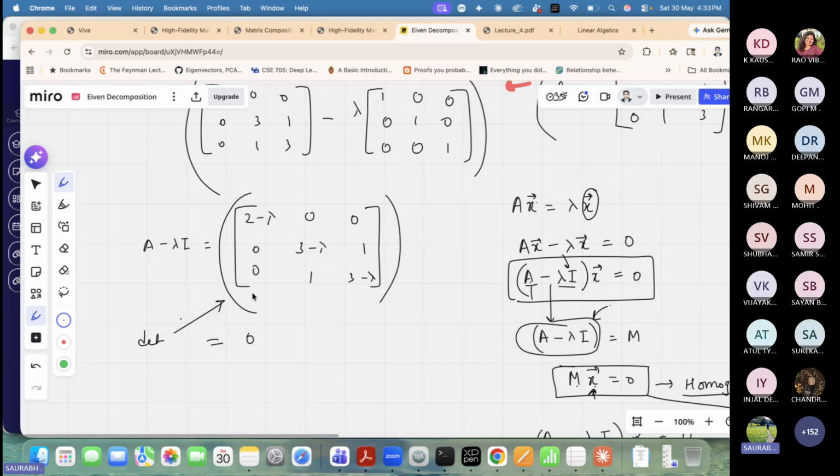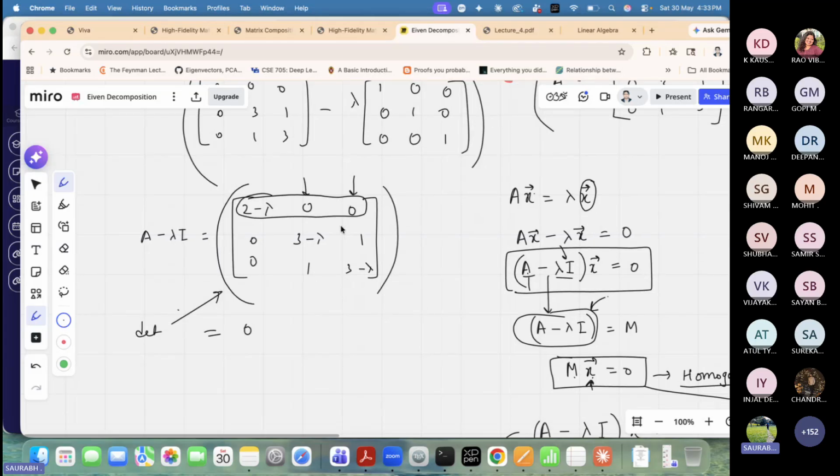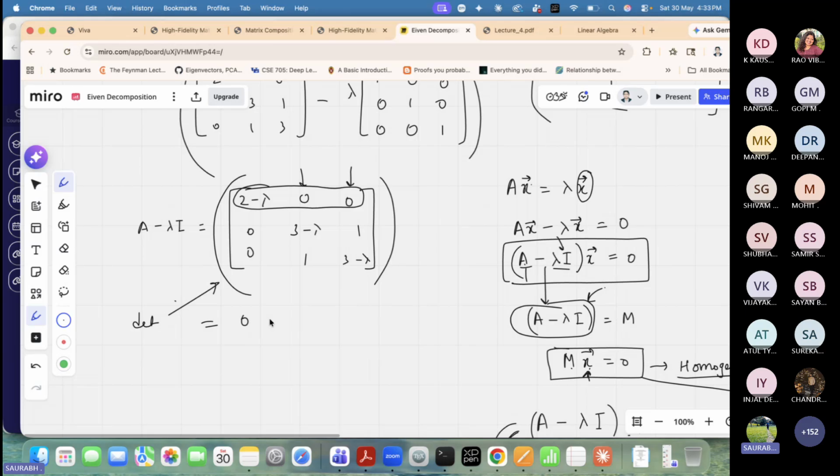You already know that to find the determinant, it is very easy to expand via the first row, because two of the entries are 0. That's the reason I took it as 2 0 0, to eliminate the kind of calculation that I had to do.